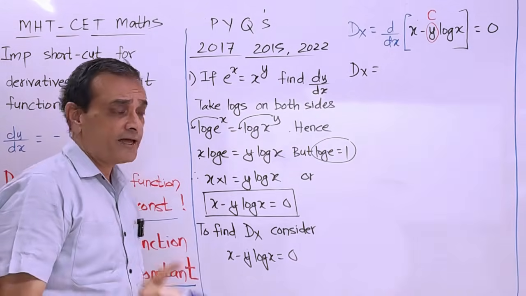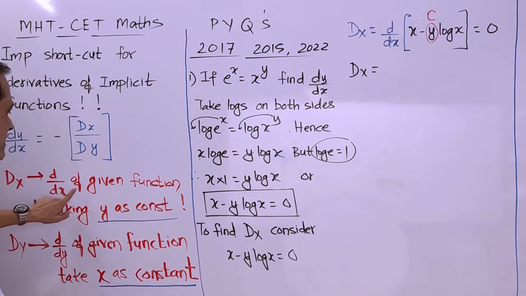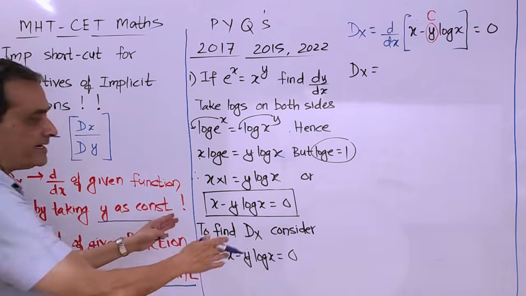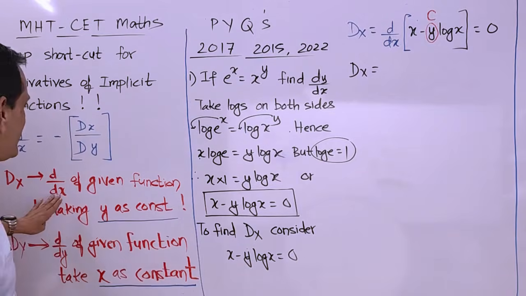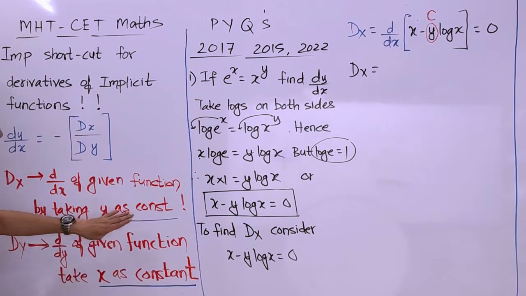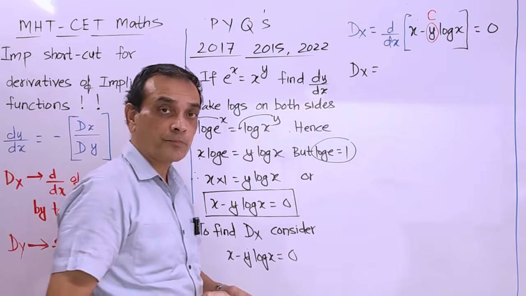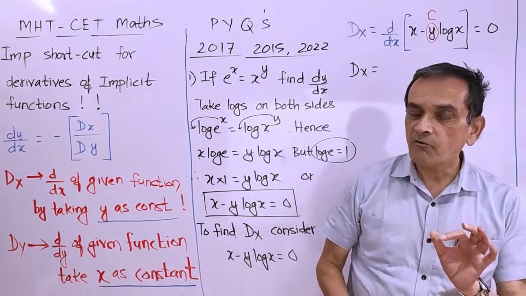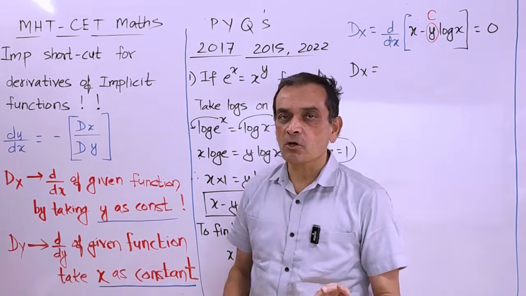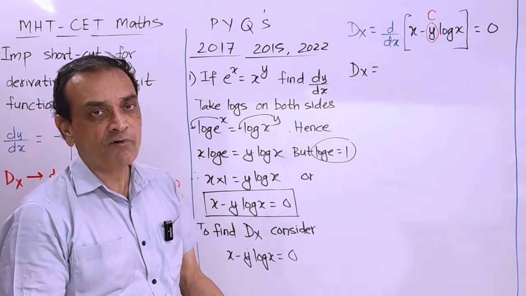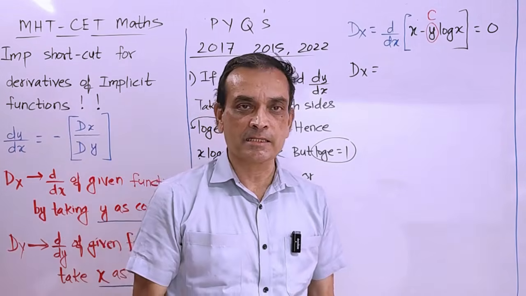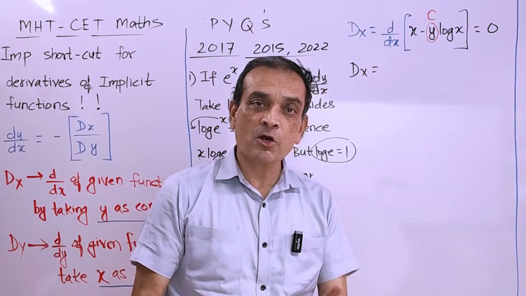So यहाँ पे क्या लिखा है? d by dx of the given function, left hand side, forget 0. d by dx of the left hand side by taking y as constant. That is important. Variable y is to be taken as constant, which is actually good for us, because for the derivative of y, we don't have to take dy by dx. It is to be treated as a constant.